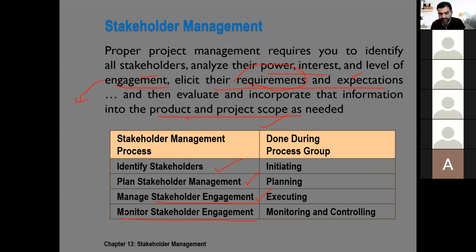We just monitor it and see what the current level of stakeholder engagement is. Are stakeholders against us, are they neutral, or are they supportive, or are they advocates for our project? We really want our stakeholders to be supportive of our projects.